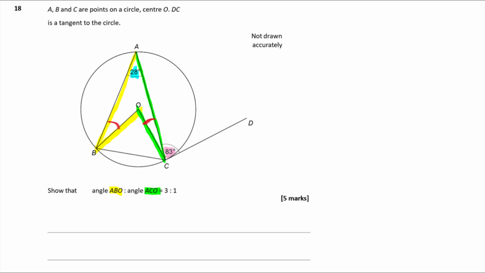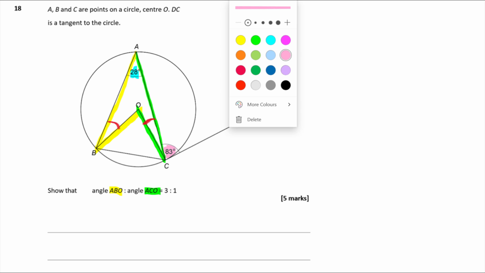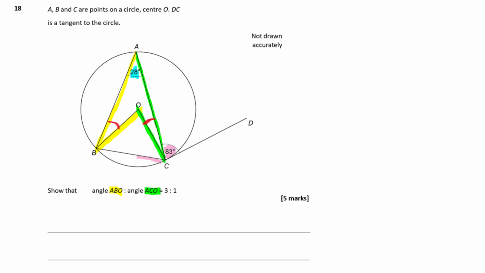Using the alternate segment theorem, I know that the angle between a tangent and a chord drawn at the point of contact, which is this 83 degree angle here, is going to be the same as the angle subtended in the alternate segment. So if I were to draw two lines coming off of that, then that angle up here is going to be the same as 83. And that's because of the alternate segment theorem.